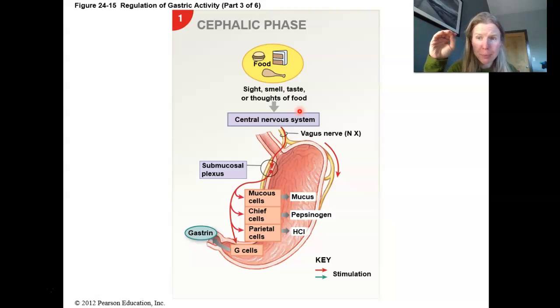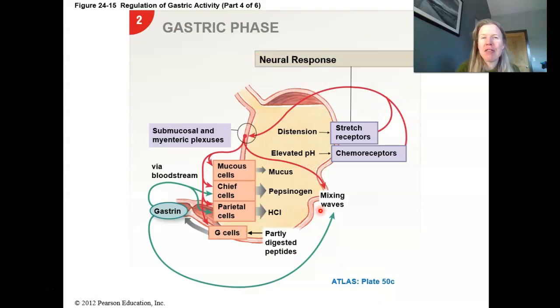And again, remember that most of this is going to be coming through the parasympathetic nervous system, but it stimulates all of those cells to start increasing the amount of stomach acid that's being produced. And we see it kind of wrapping around here. It's going to start stimulating the churning. So you know how your stomach growls sometimes when you're hungry? That's the cephalic phase. So we're basically preparing for that food to enter.